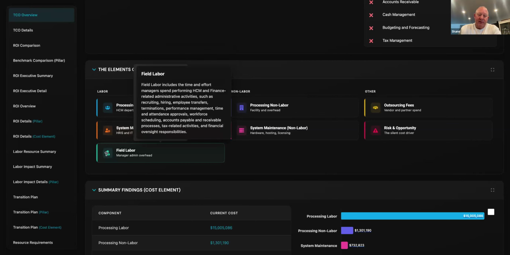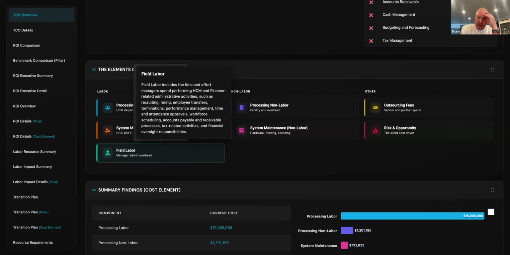And then the field labor is the third bucket of labor that we evaluate. This is really helping us understand how well customers, who are the employees and managers of the organization, can work with payroll in the different areas that we might be evaluating.